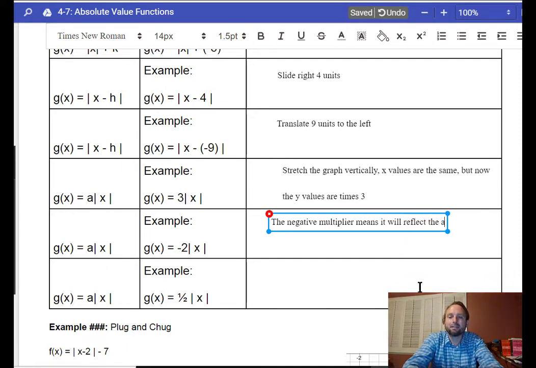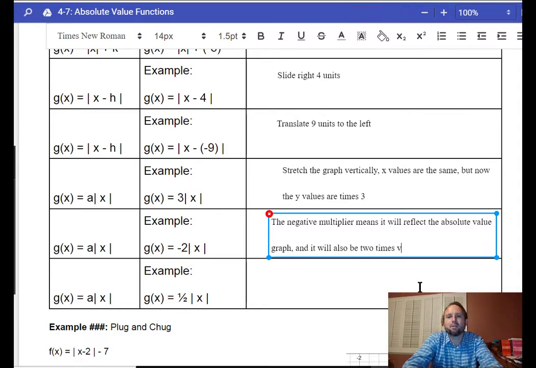Reflect the absolute value function or graph. And it will also be 2 times vertically stretched.